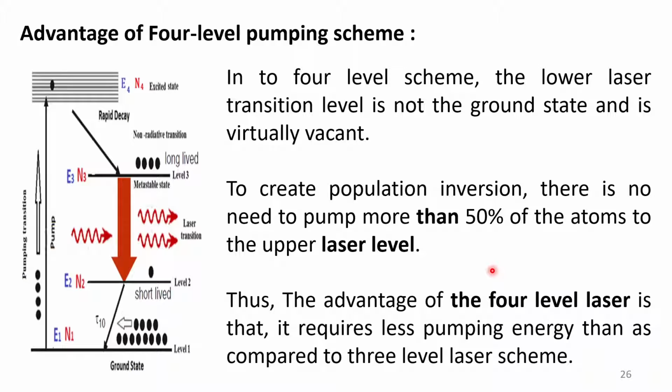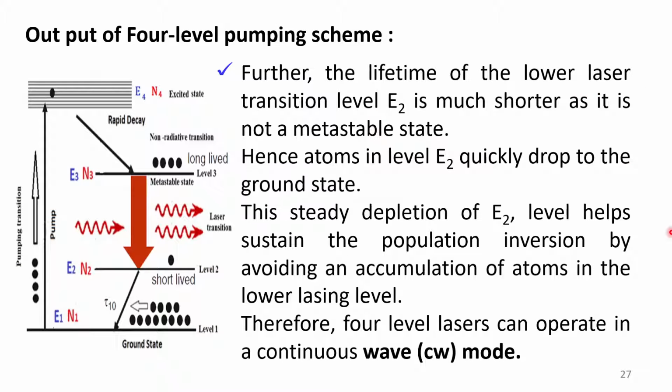So remember, the main advantage of the four level pumping scheme is that it requires very low pumping energy to transfer the atoms from the ground state to the excited state, as compared to the three level pumping scheme. Now then, which type of output will be generated from the four level pumping scheme?